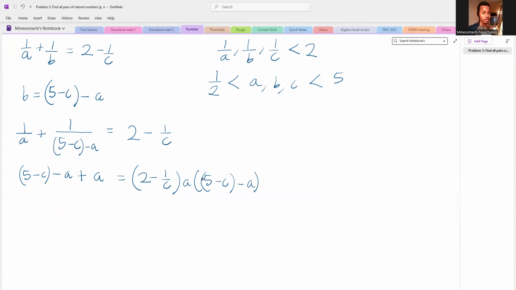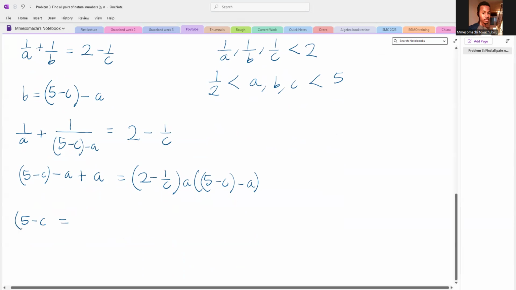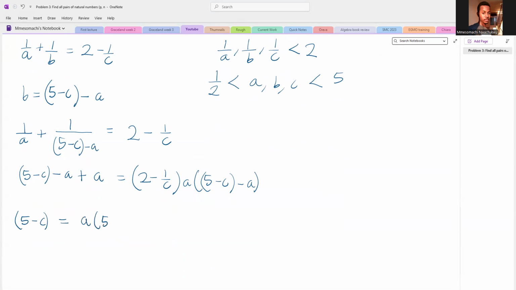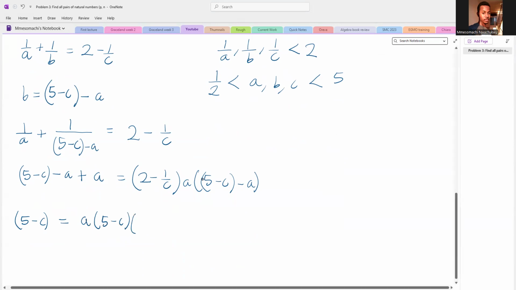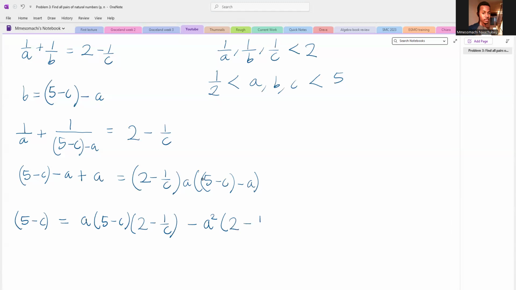We have minus A plus A, so that cancels out. We have 5 minus C is equal to A times 5 minus C times 2 minus 1 over C, and then minus A squared times 2 minus 1 over C.